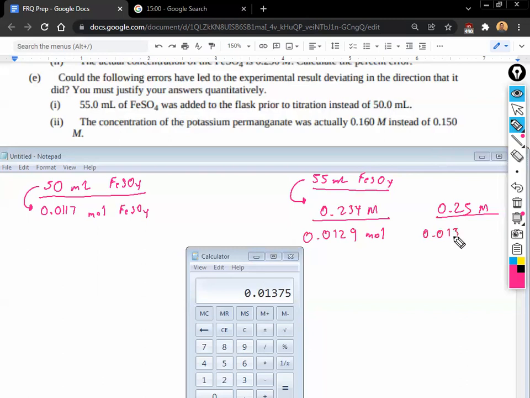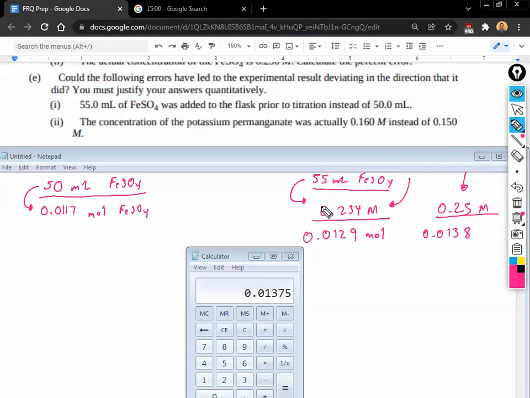Okay, so the question is asking us, could our deviation happen? Because this is the actual, but experimentally, this is what we found, 0.234. Could this have happened if the volume was bigger?